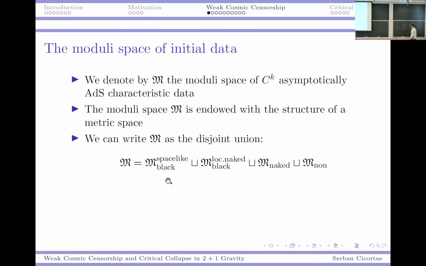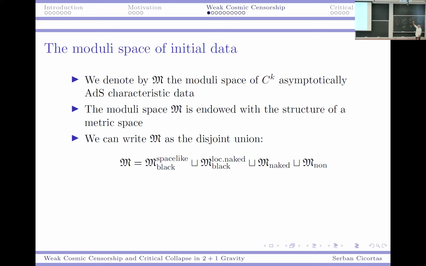So first of all, I'm going to denote by M spacelike black. This is the subset of initial data that in evolution forms a black hole spacetime with a spacelike only singularity. Okay, and then the next one is M locally naked black, which again is the subset of initial data that in evolution forms a black hole spacetime with a locally naked singularity.